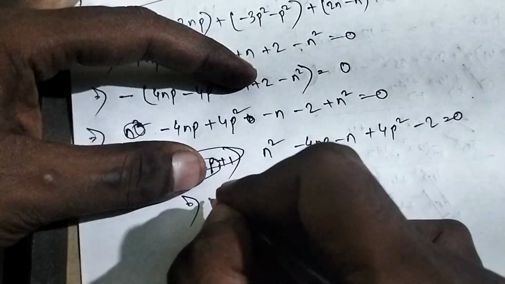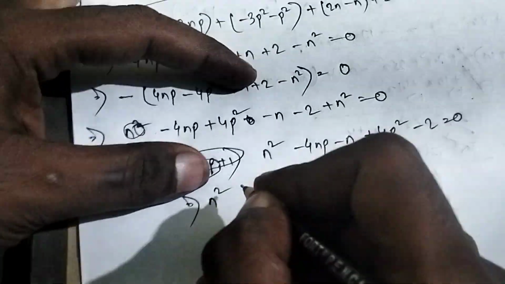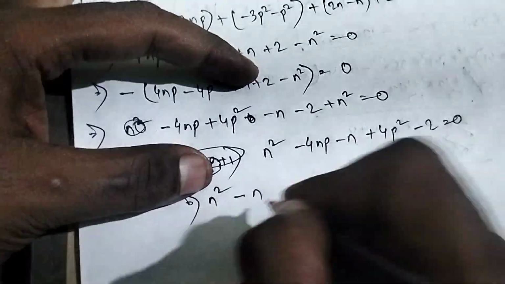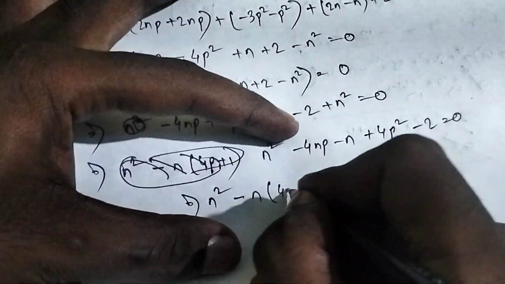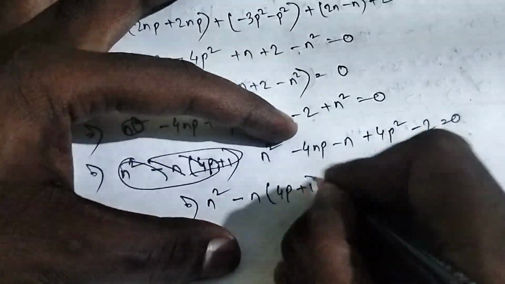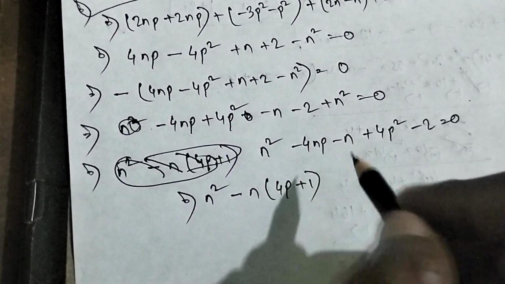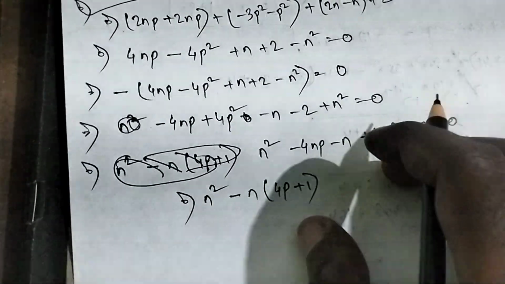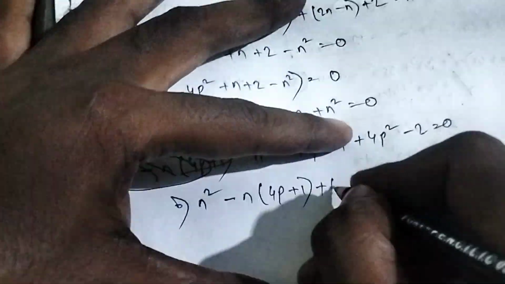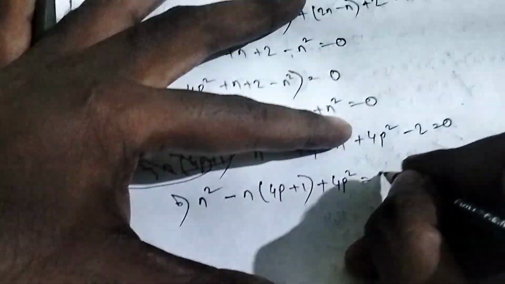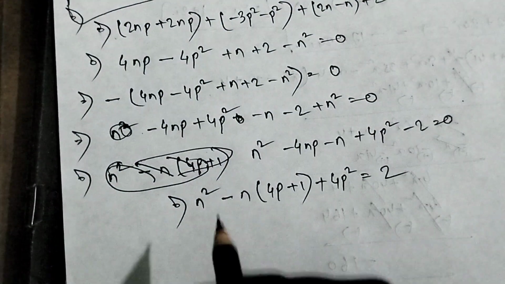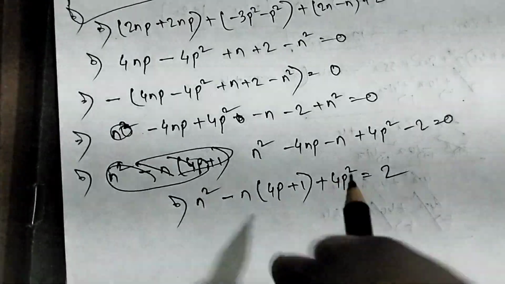So from here we can write n square minus n, I am taking common, 4p plus 1, plus 4p square is equal to 2. So this only we have to find, the value of this expression only.